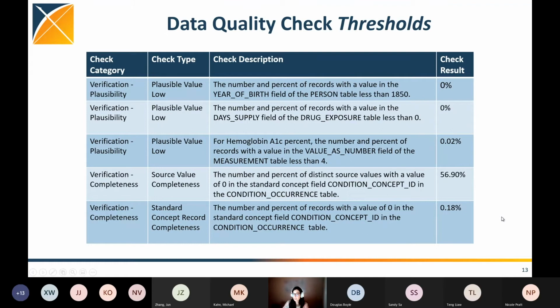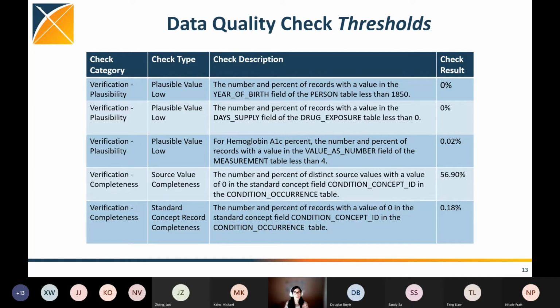And I was going to touch a little bit on thresholds, but I think I'm going to skip this in the interest of time. But just understand that this tool does not tell you whether or not your data quality checks pass or fail by itself; it is all user defined. So it does not mask the actual final result.